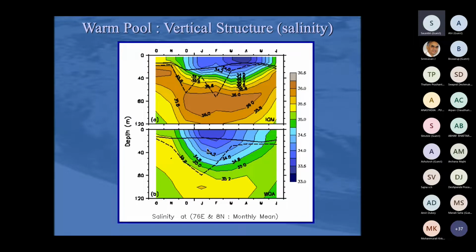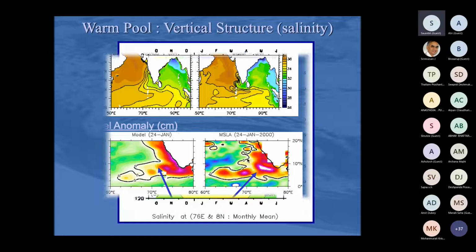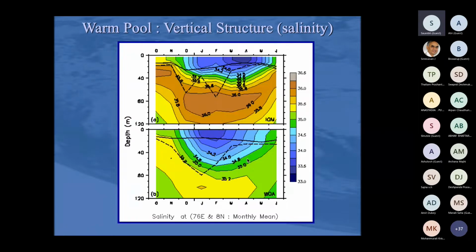what processes lead to the warm pool. Now, these studies propose that the formation of the warm pool is owing to the low salinity water. Associated with this is also a circulation feature called the Lakshadweep High. So if you have to do that, then the model should also be able to reproduce the low salinity patches that you see.